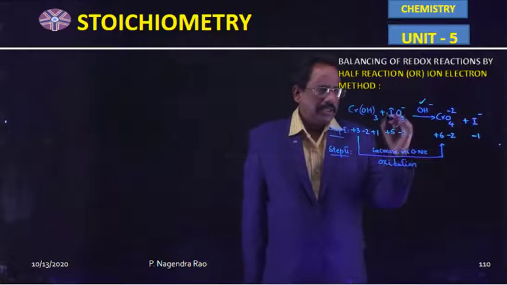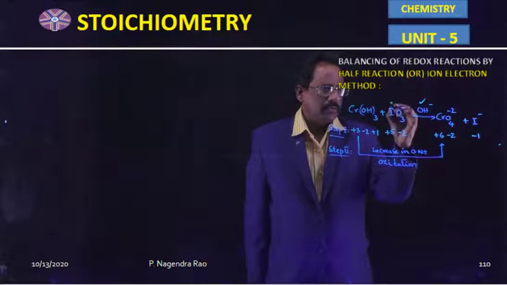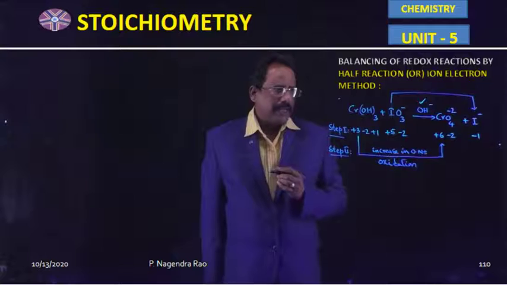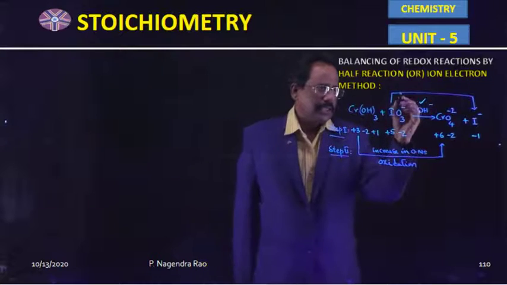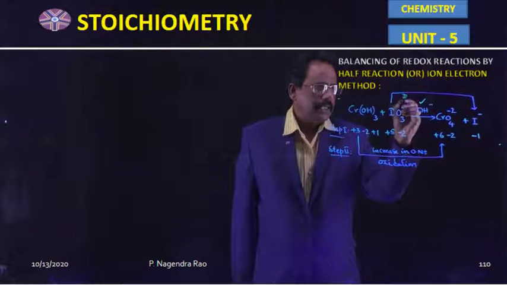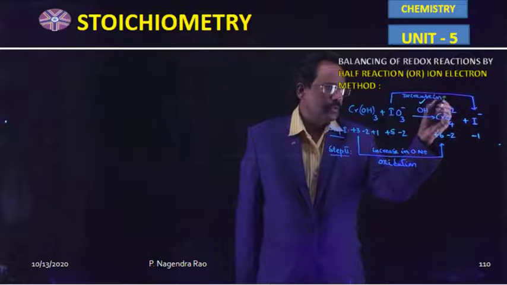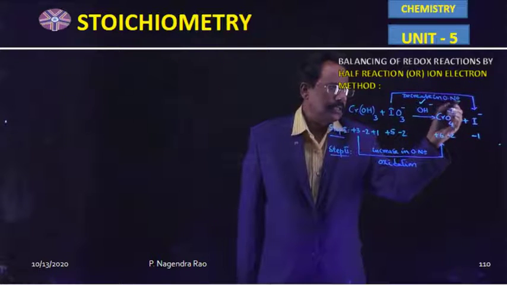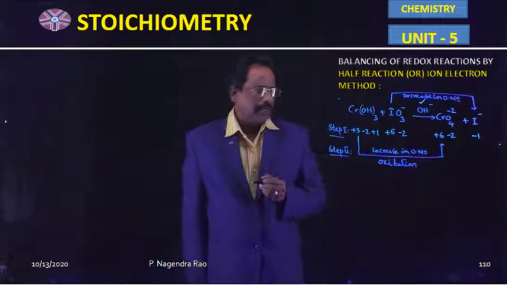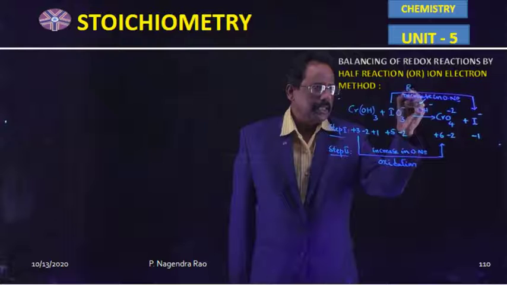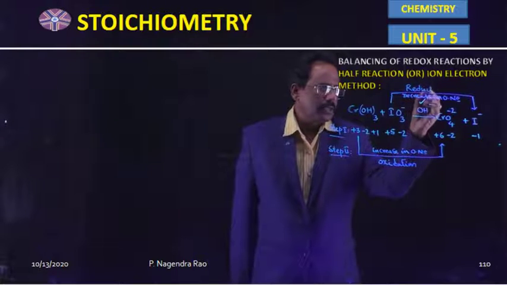And iodine +5 to -1, decrease in oxidation number value, so this is a reduction process.